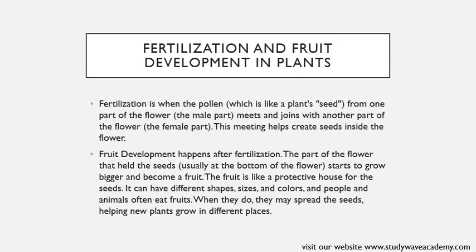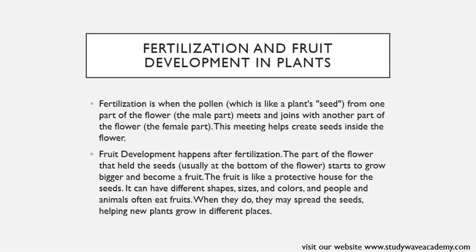Fruit development happens after fertilization. The part of the flower that held the seeds starts to grow bigger and become a fruit. The fruit is like a protective house for the seeds. It can have different shapes, sizes, and colors, and people and animals often eat fruits.